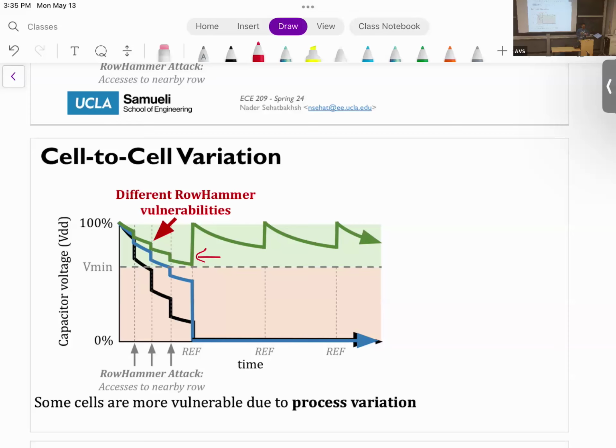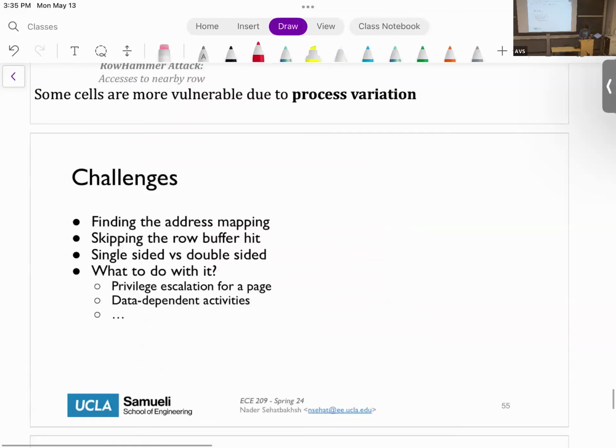It can flip some of the bits, but cannot flip the others. But keep in mind, only 1 bit is enough for security purposes, because that 1 bit could be a very, very important bit. Okay, so people can flip just 1 bit and do very dangerous attacks on the systems.